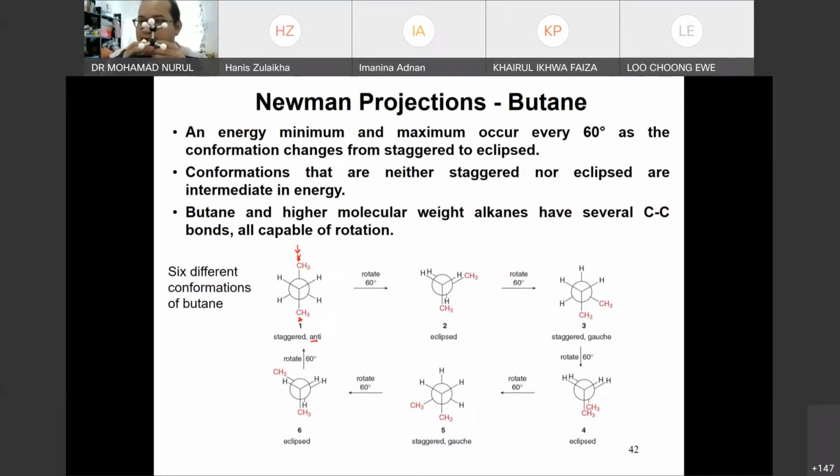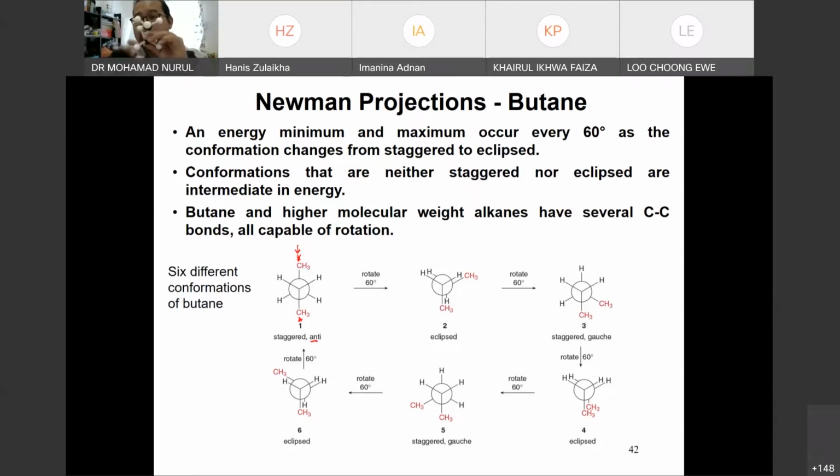When it rotates, the staggered conformation is converted to eclipsed. At this point, the CH3 is aligned with hydrogens. Let's see how it's represented.